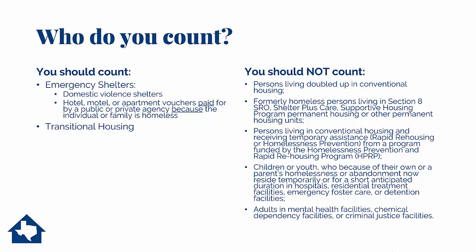So, as you can see, the list that you really need to be concerned about is much shorter. Just make sure all those individuals who are in emergency shelter and transitional housing are the ones that are being surveyed on January 25th, 2018.